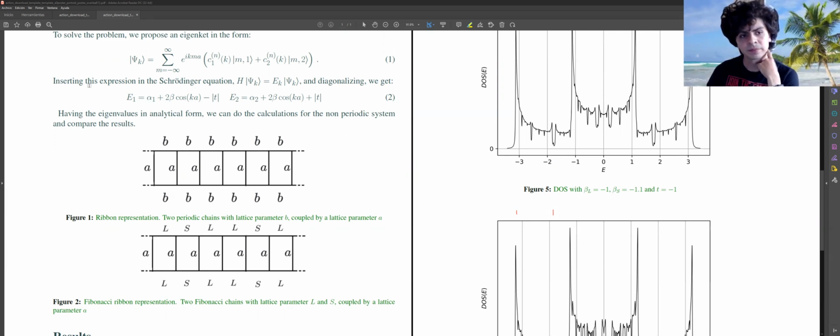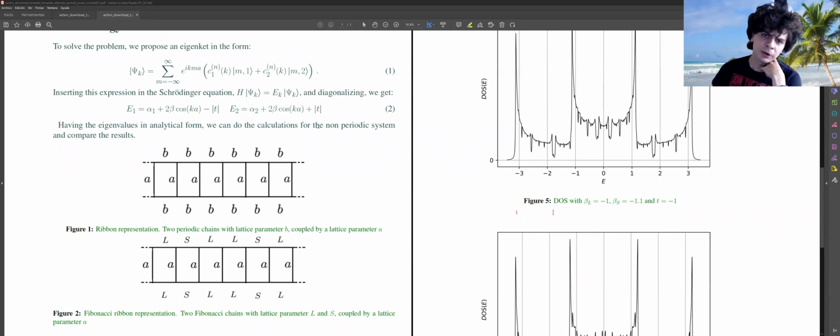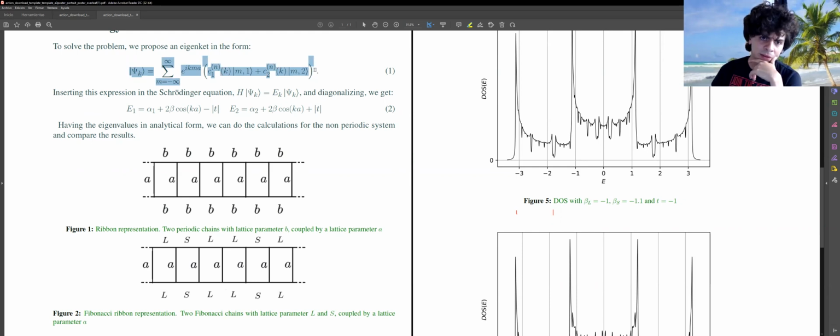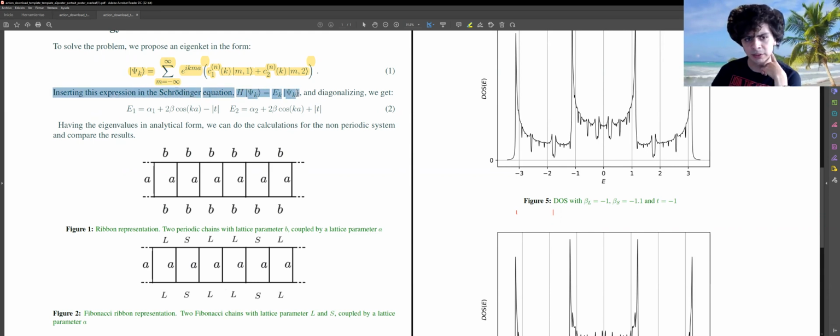So first, to solve the periodic situation, we propose an eigenfunction in this form. It's an eigenfunction that has two bases. Then we insert this expression in the Schrödinger equation, which is given by this, and then we diagonalize, from which we get the following eigenstates.